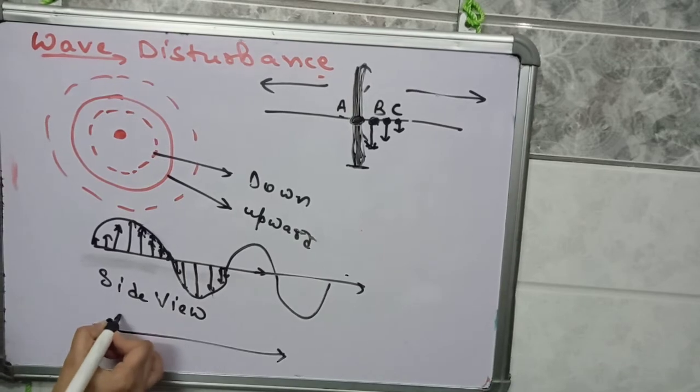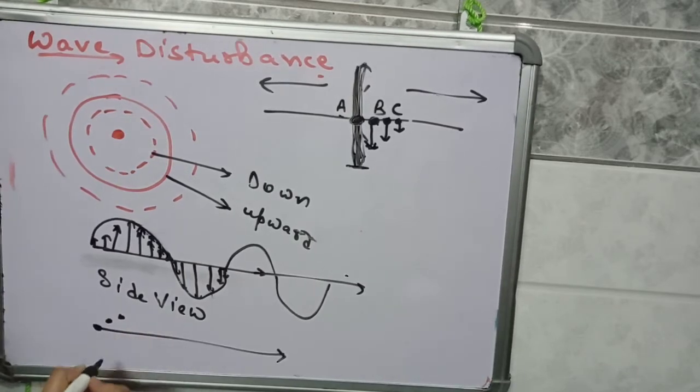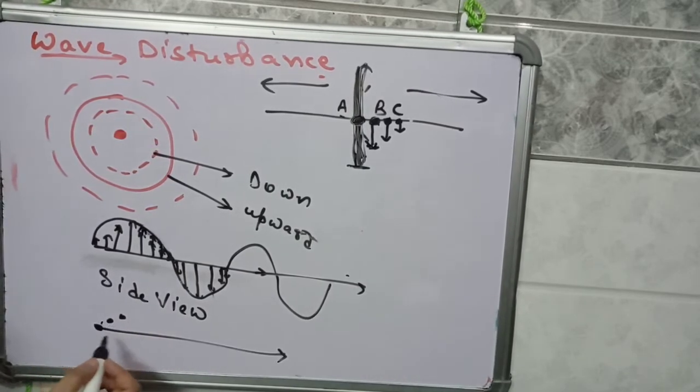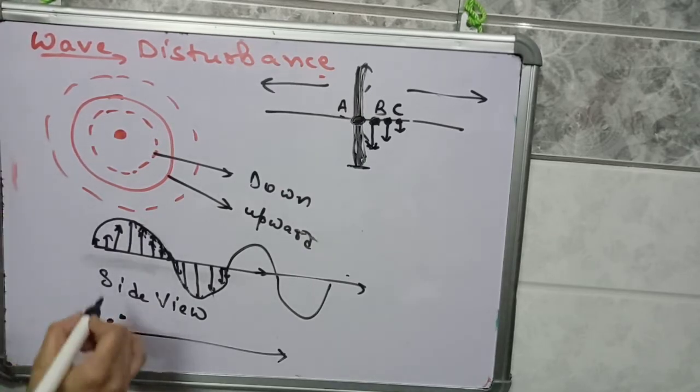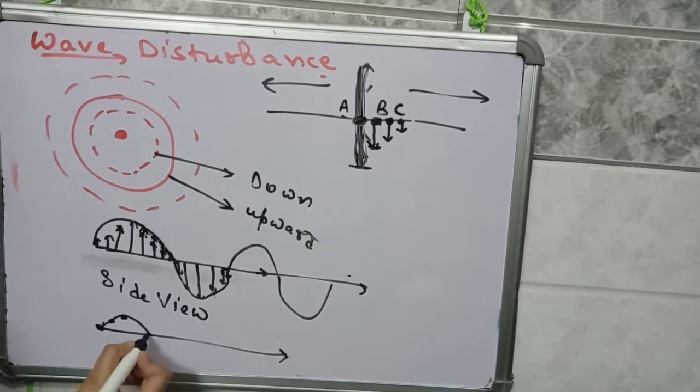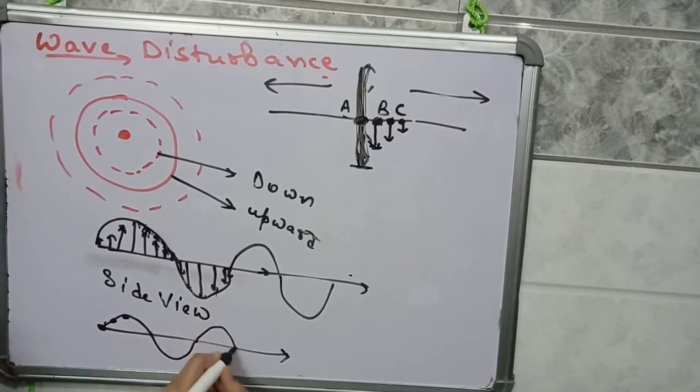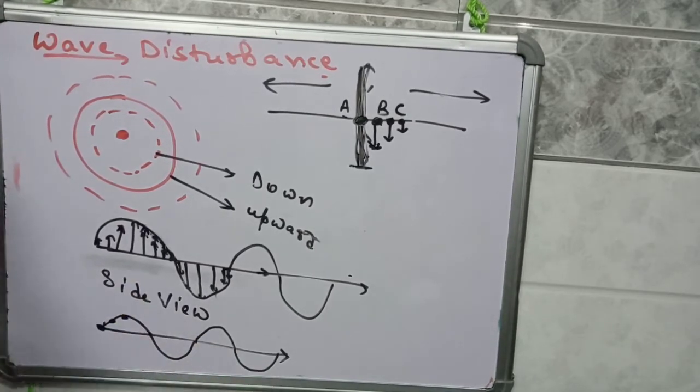After some time, that particle will be at this point. The particle is not traveling, we are drawing its position with respect to time. So we will observe that the individual particle is having oscillatory motion, just like the oscillations we discussed in the previous chapter.